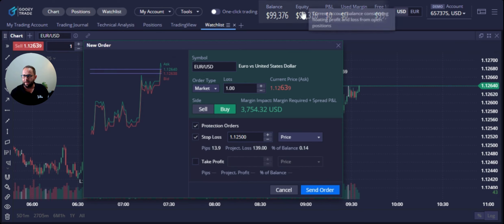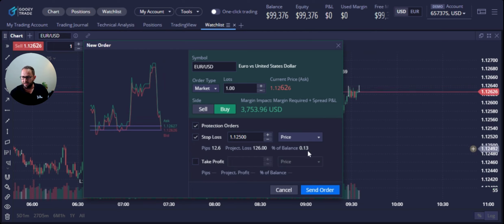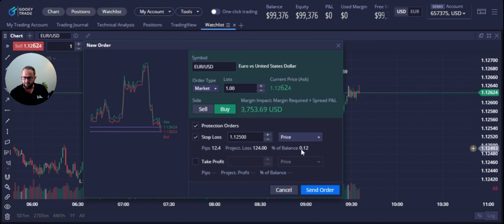Now, this is a larger equity account or balance that I have in this particular account. So if you had a $25,000 account, it would actually say 0.5 over here. Because this is a much larger account, if I had to risk only $125, setting my stop loss at 1.12500, that would only be 0.12% of my balance.